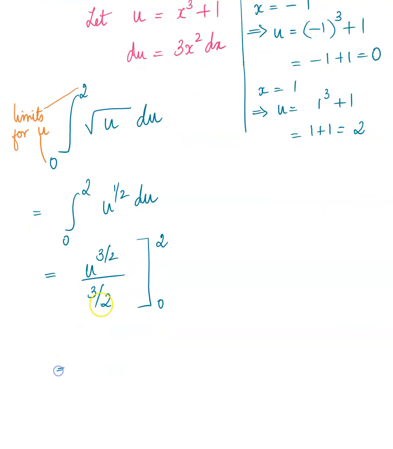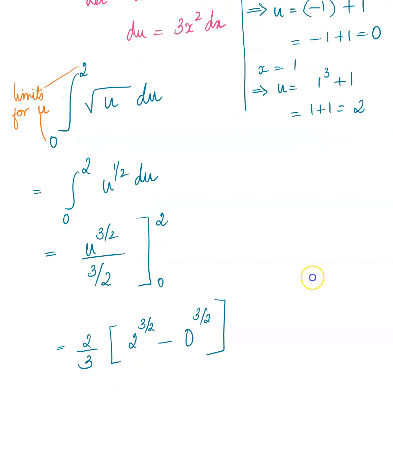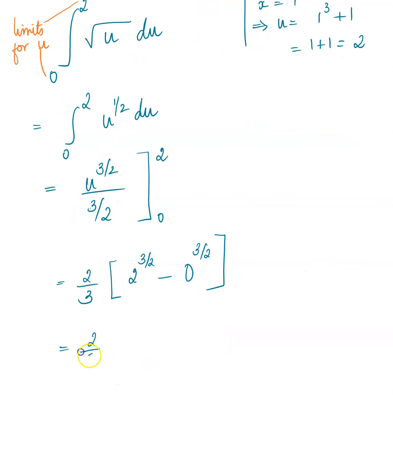This is going to be 2 over 3. That's a constant, so keep it outside. Do the top substitution, 2 to the power 3 over 2, minus the bottom limit, which is 0. So it's 2 over 3 times the square root of 2 cubed.